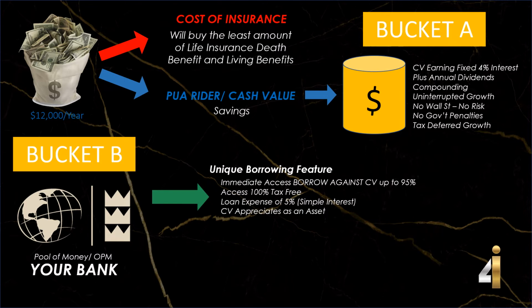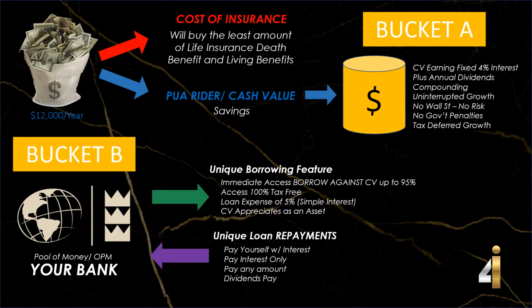But then again, the purpose of this conversation is the infinite banking concept, where you would like to allow yourself to operate like a bank. So if you want to operate yourself like a bank, you would want to pay back the principal of what you owe. You can pay the dividends only, you can pay any amount at any time, you can pay the interest only.